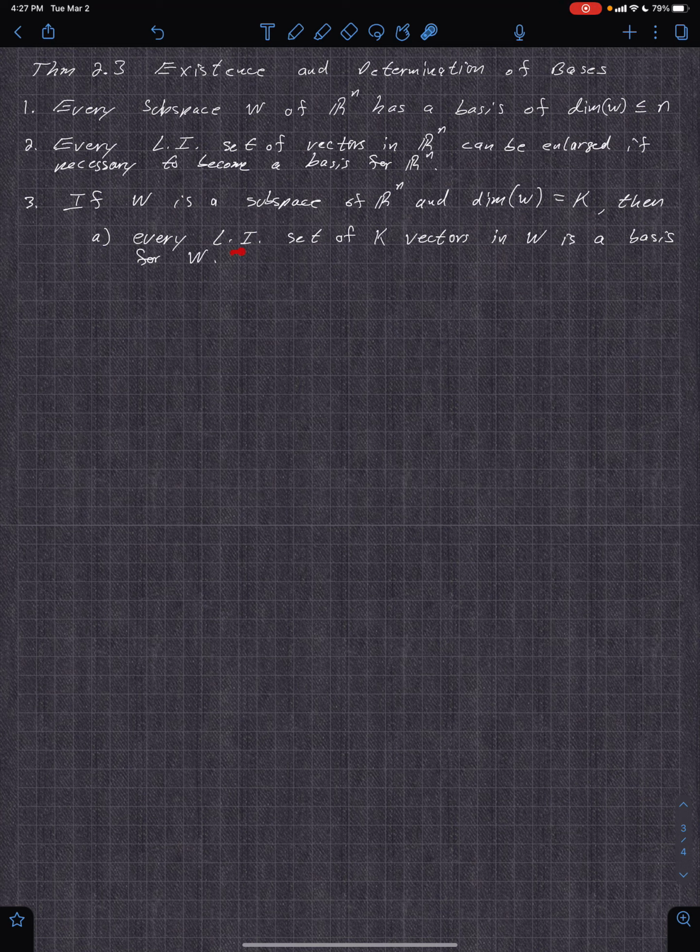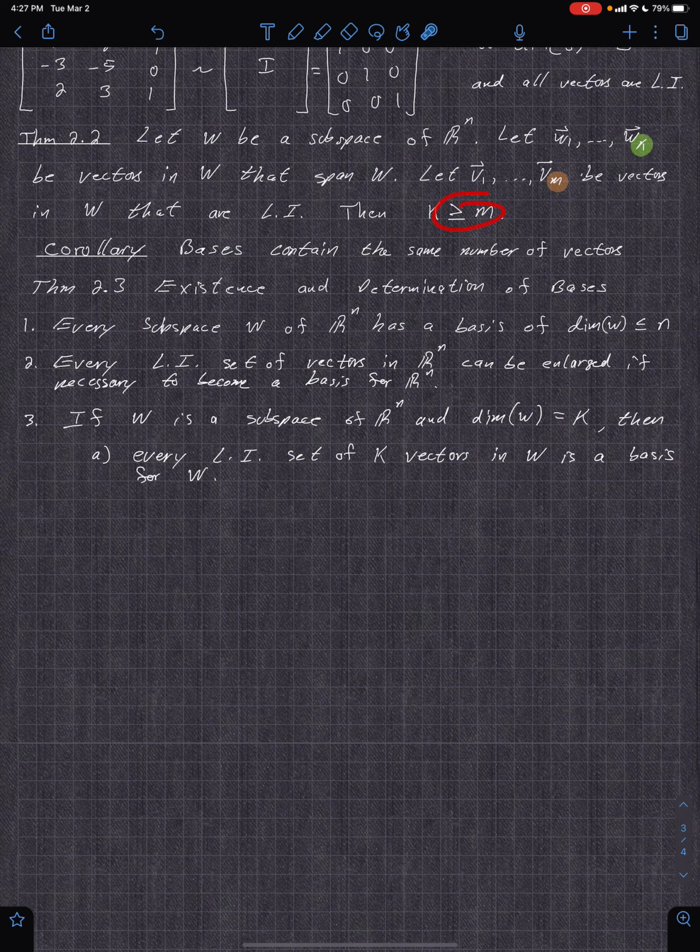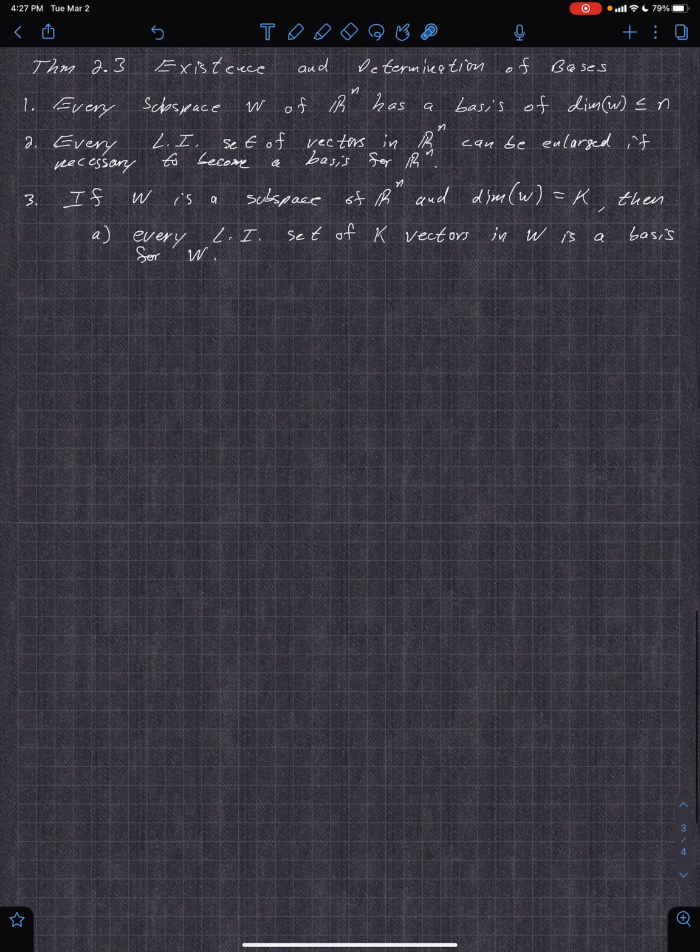They're an independent set of vectors, and it's the same number of them. So that's relying on this concept up here. It's the same number of vectors, and they're linearly independent, so it has to be a basis.